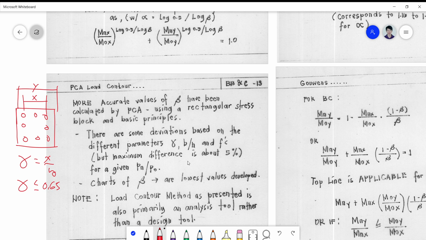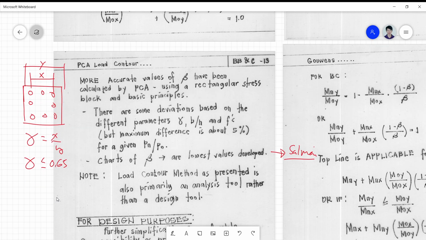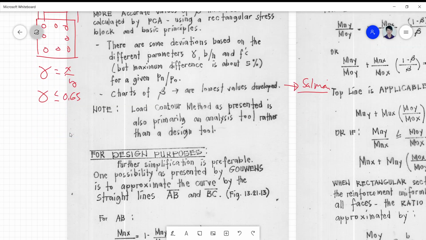So the maximum difference is about 5% for a given Pn over Po. So the charts of beta are lowest values developed. There's a chart given by Salmon. If you want to look at the chart, you can use it, but if you can derive all the formulas, you don't need a chart, and you can solve the value of beta automatically.